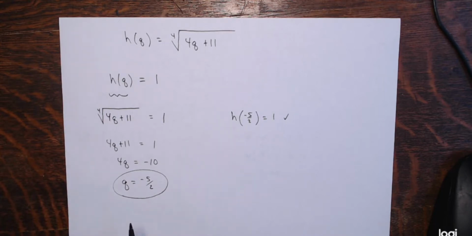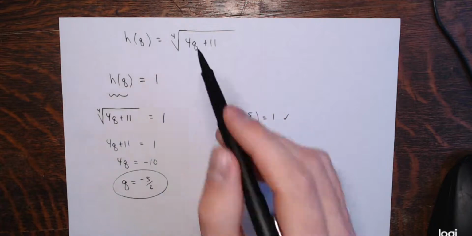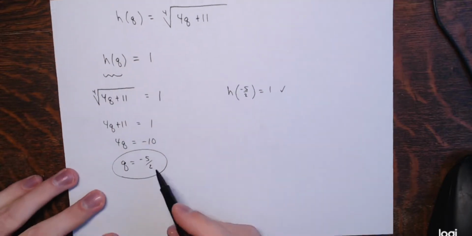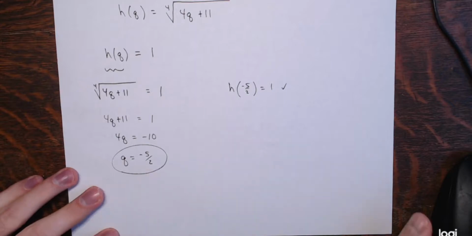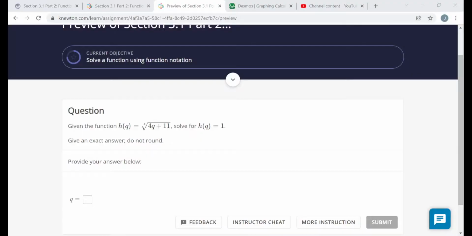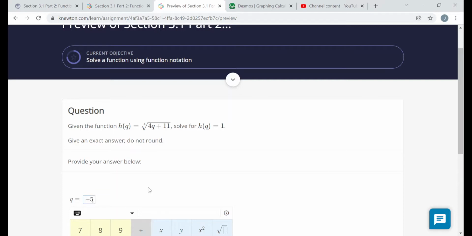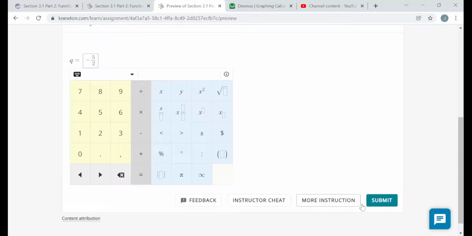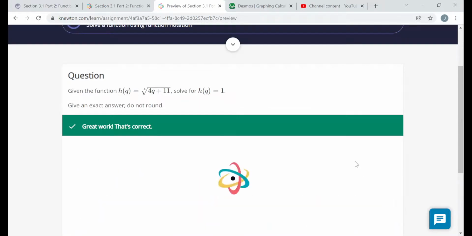I know negative 1 to the fourth power is 1, but the symbol means the principal fourth root, the non-negative fourth root. All right, so I'm entering this: the input that gives me an output of 1 is an input of negative 5 halves, or negative 2.5. I think it'll take the decimal as well, as long as it's equal to the correct answer and simplified.